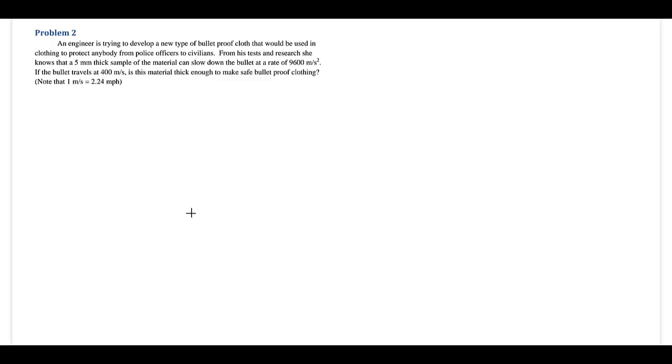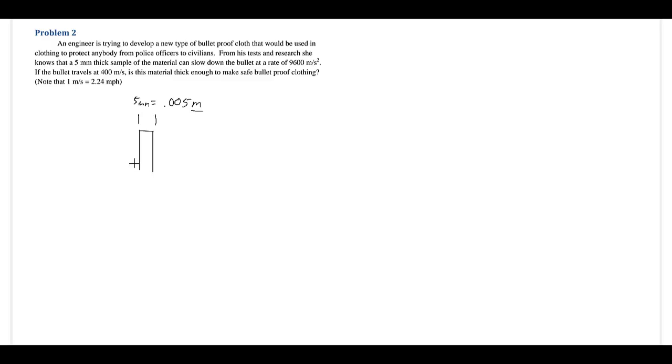So the first thing we want to do is draw a picture, right? That is the first step for any kinematics problem. So here is a sample of our cloth. We know that the distance here is going to be 5mm, which is equal to 0.005 meters. Remember, we need things in meters because we're doing everything in meters per second.